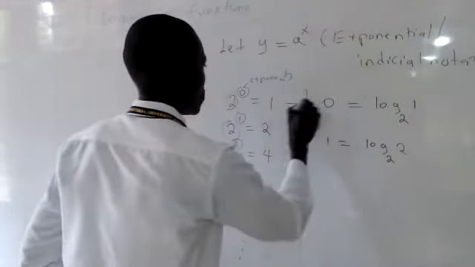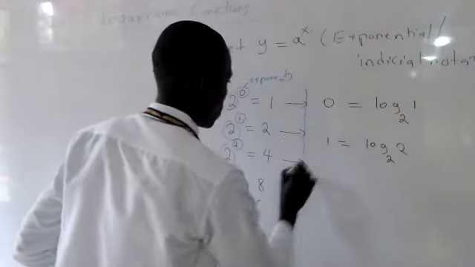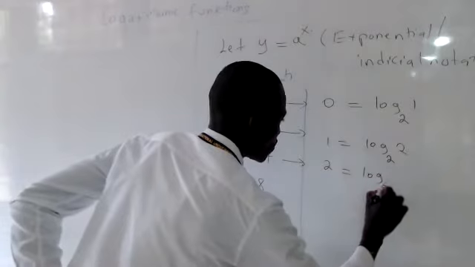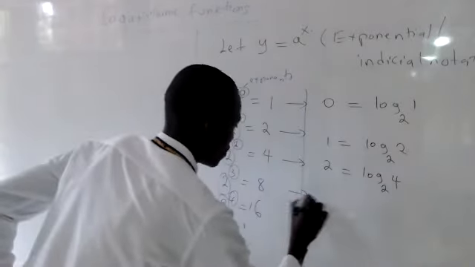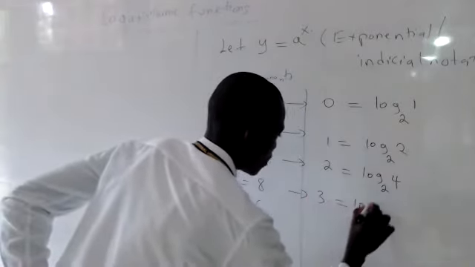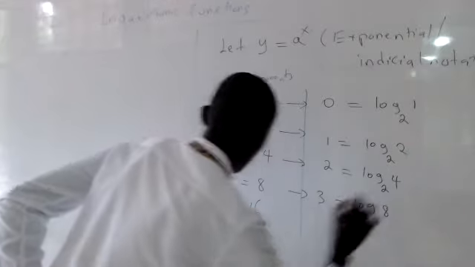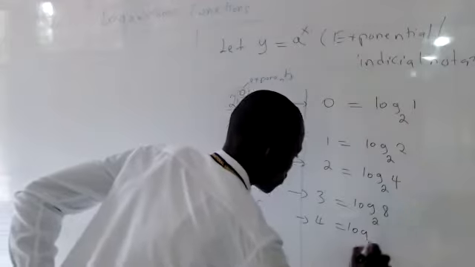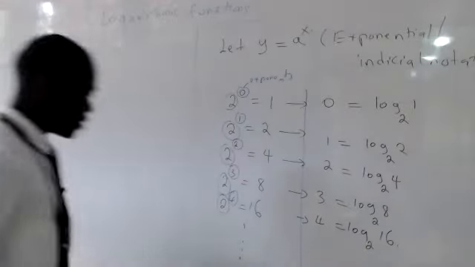This is the first one, second, third. 2 is the logarithm to the base 2 of 4. And 3 is the logarithm to the base 2 of 8. Lastly, 4 is the logarithm to the base 2 of 16.